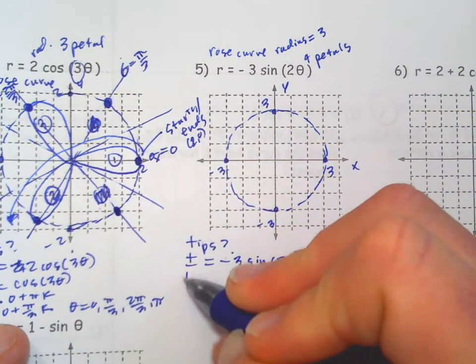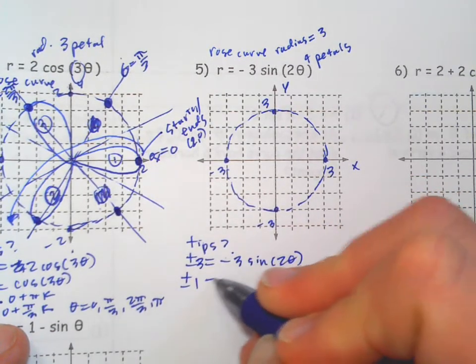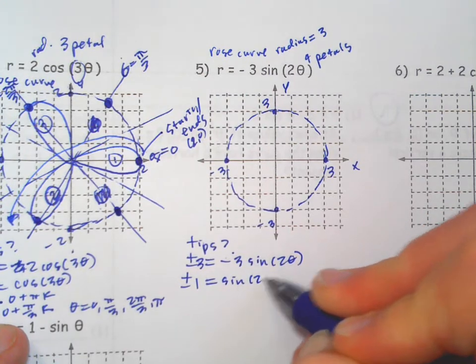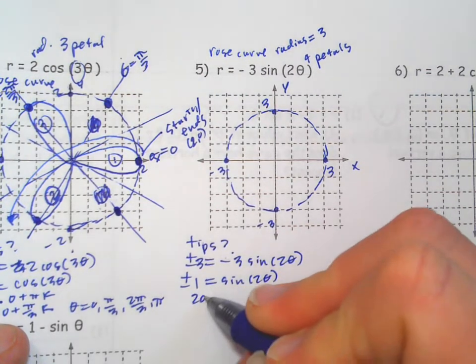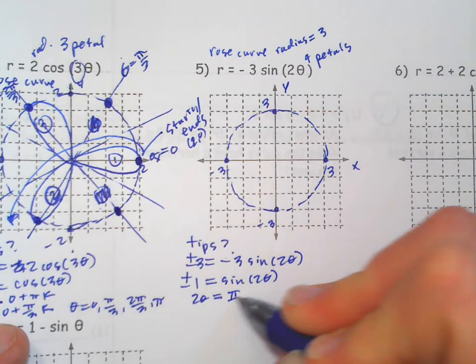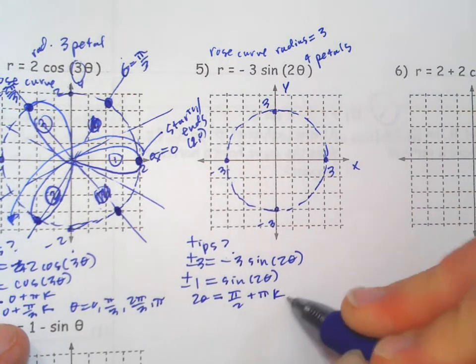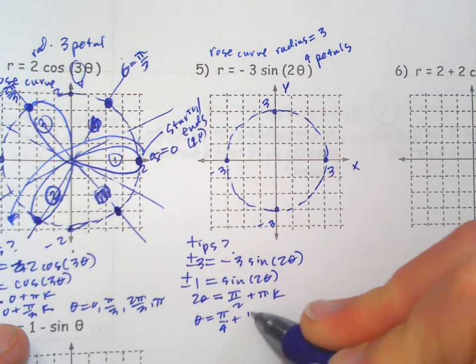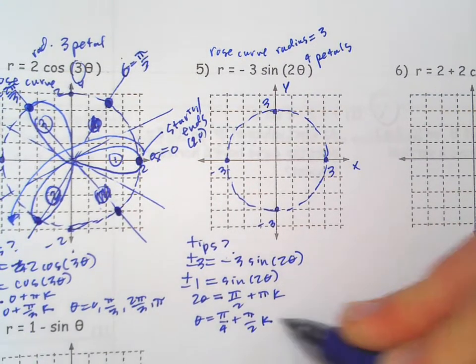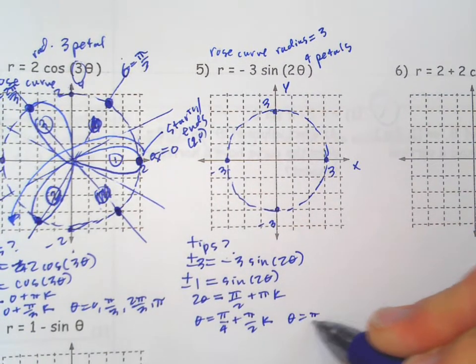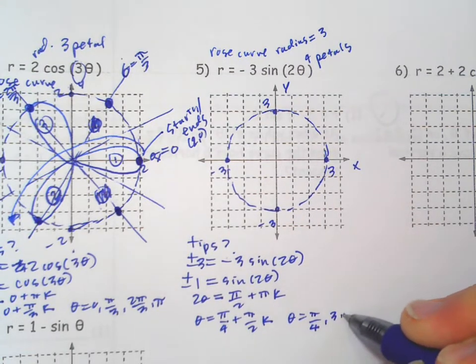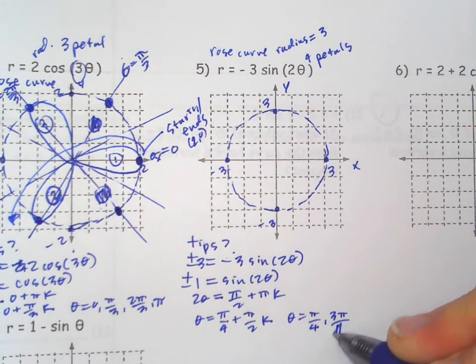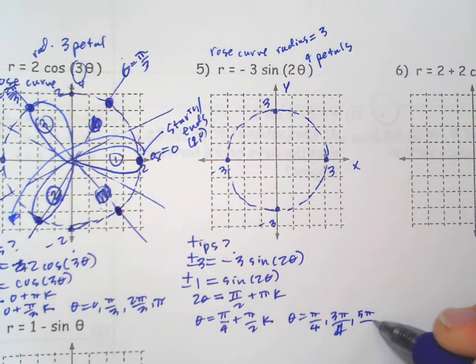So that's going to be plus or minus 1 equals sine 2 theta. So 2 theta equals pi over 2 plus pi k, and theta equals pi over 4 plus pi over 2 k. So theta equals pi over 4, 3 pi over 4, 5 pi over 4, and 7 pi over 4.